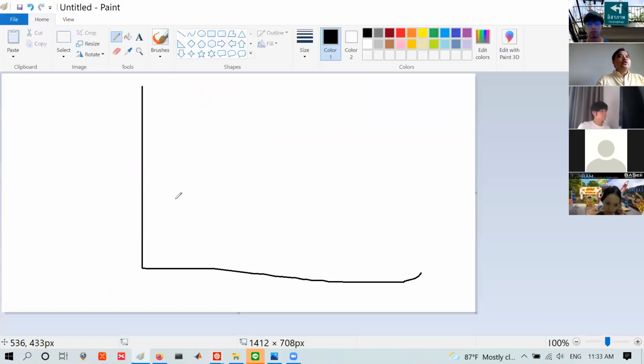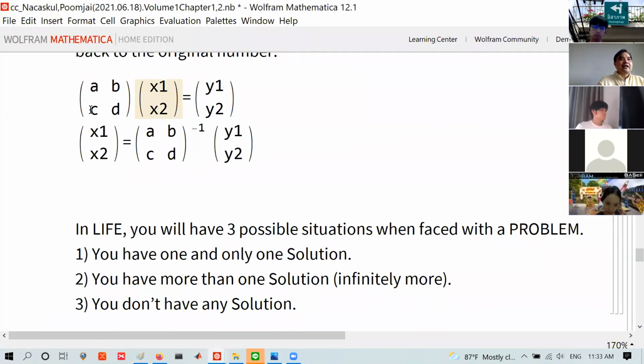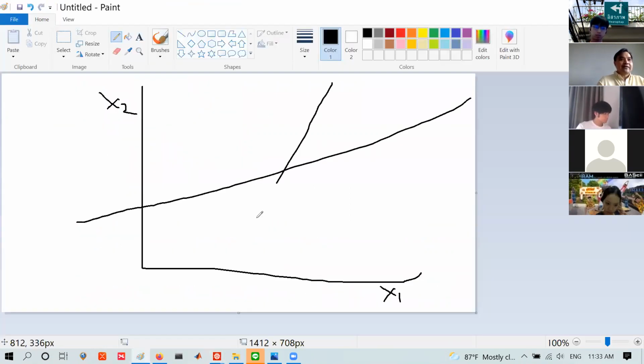All you're doing is drawing a line in x1, x2. So if you have another equation, you have another line. And this is what I mean by unique solution. So you have 2 equations and 2 unknowns. In high school, you would most of the time see this. And you will get this as the answer. You do this by substitution.